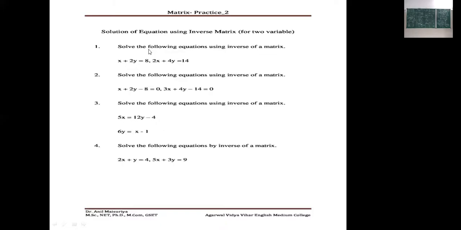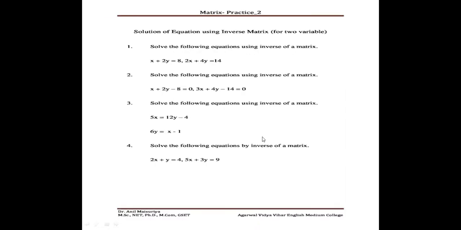Okay, students. Now try to solve question number 2. Let us discuss this first. What you are given: solve the following equations using inverse of a matrix. That means here you are given x plus 2y minus 8 equals to 0.